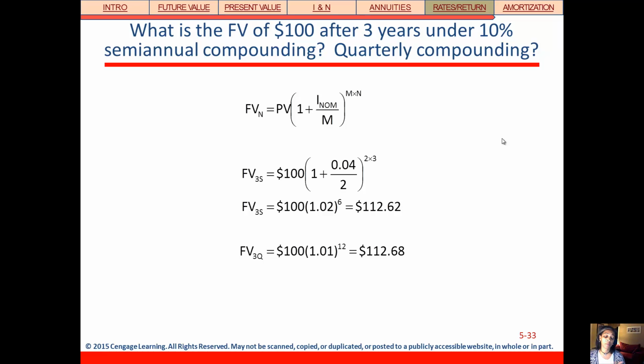And the interest rate will be the interest rate divided by M. So 4 divided by 2 is 2. And the present value is 100. 0 payment, compute future value. And so now with quarterly compounding, what we'll do is we'll change N to 12 and I to 1.